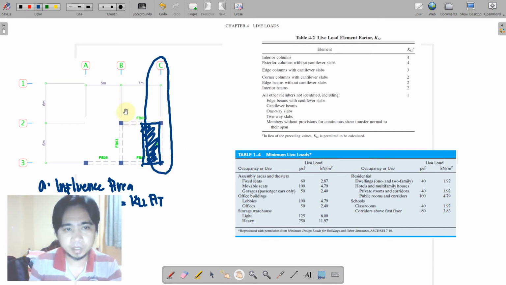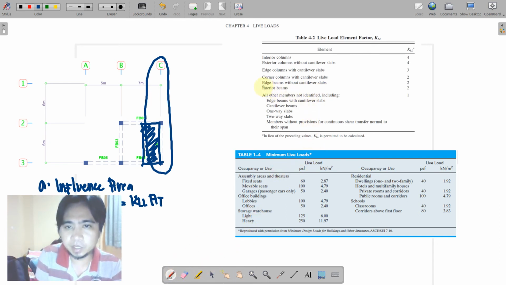The factor would be edge beams with or without cantilever slab, and we have the same values there.